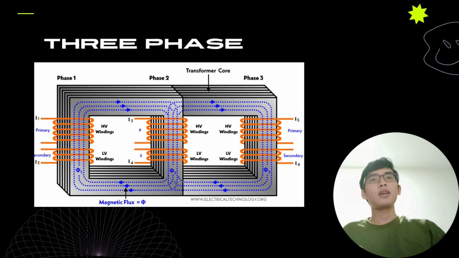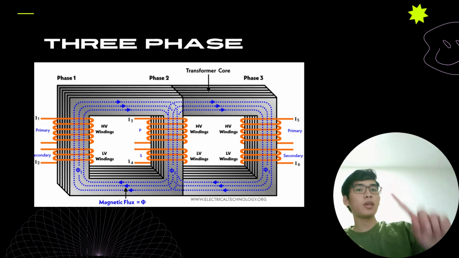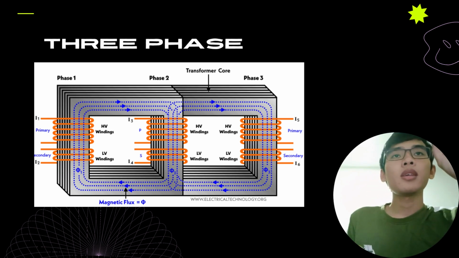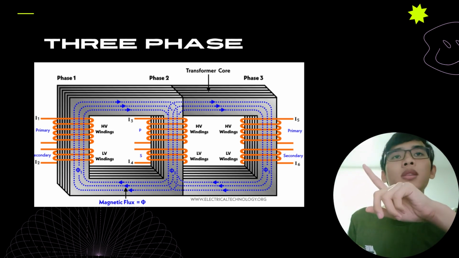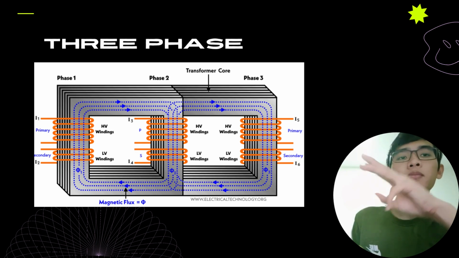Compared to that, this is how a three-phase transformer looks. If a single-phase transformer has one set of primary and secondary coil, a three-phase transformer has three sets of those. It can either be one iron core wound with three sets of coil, or three single-phase transformers banked together.